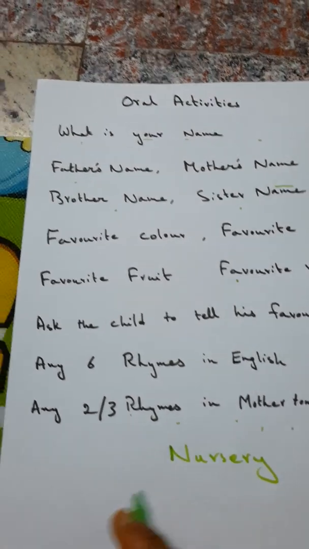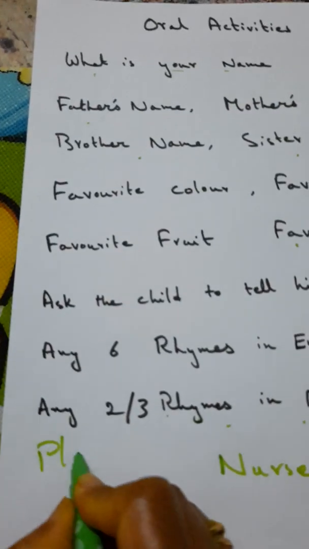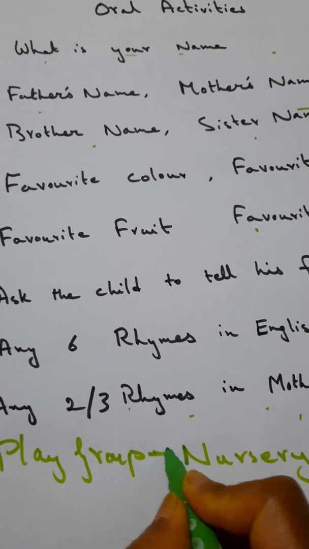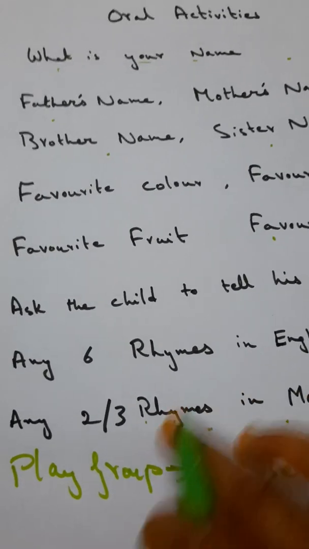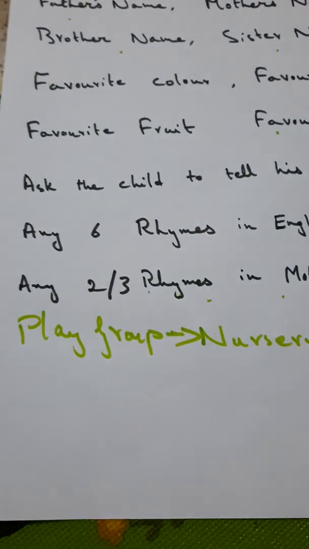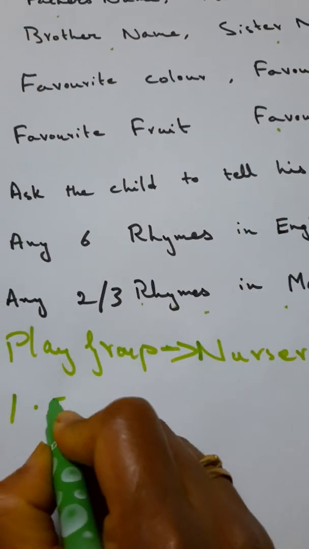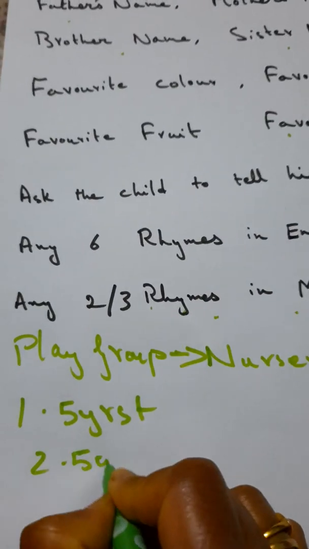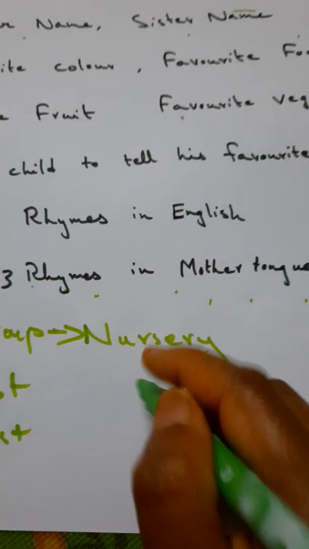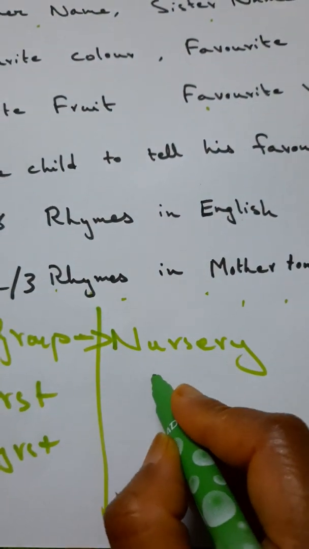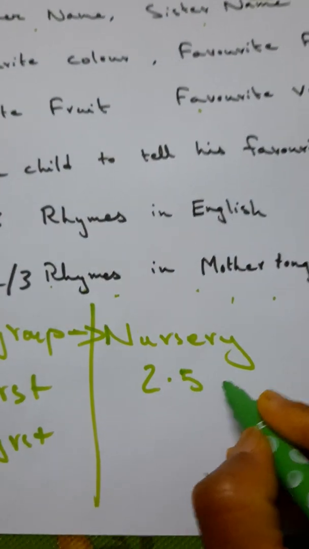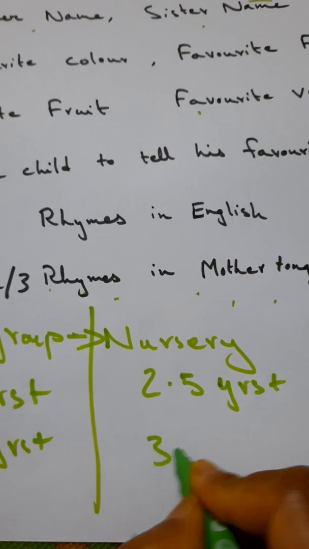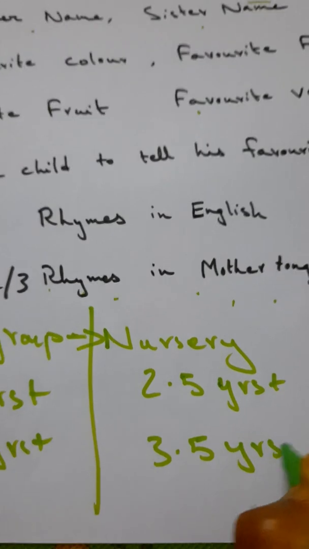So after playgroup, it is nursery. Playgroup age is from 1.5 years plus to 2.5 years plus. Then for nursery it is from 2.5 years plus to 3.5 years.